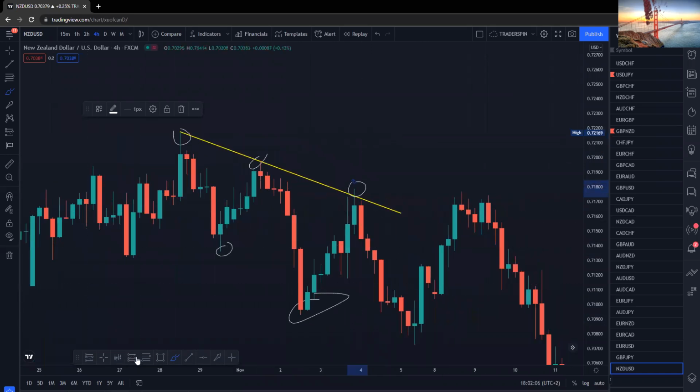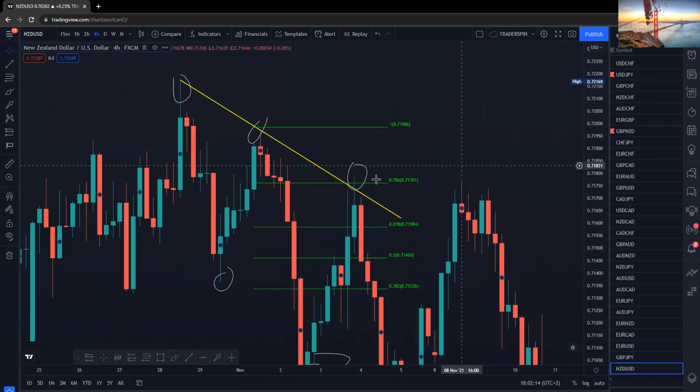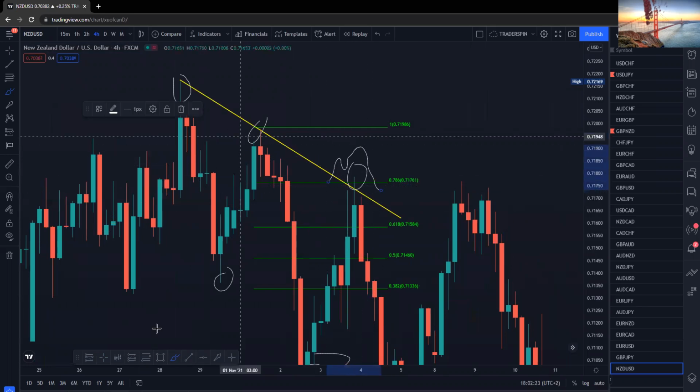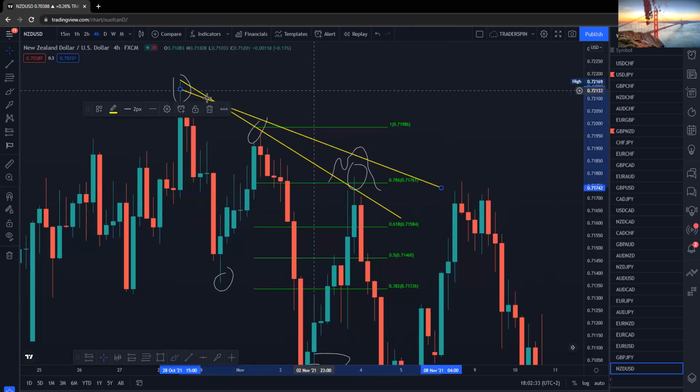If you draw your Fibonacci retracement zone here, you can see that it is just at our 0.76 zone. But if it went up, maybe somewhere here, it wouldn't be a problem as long as the third touch was smooth.